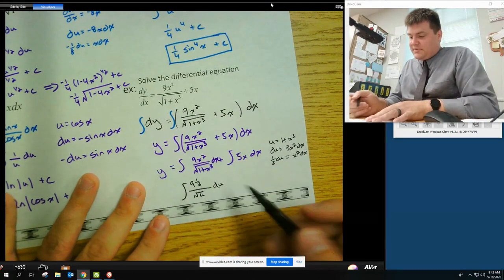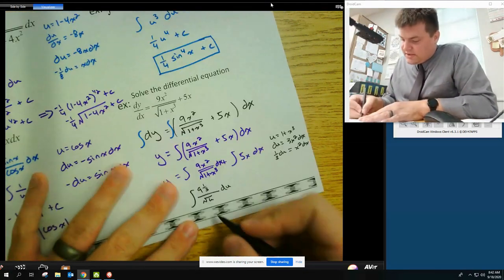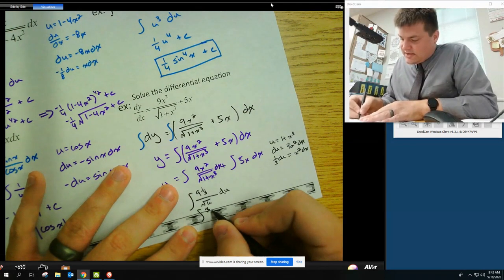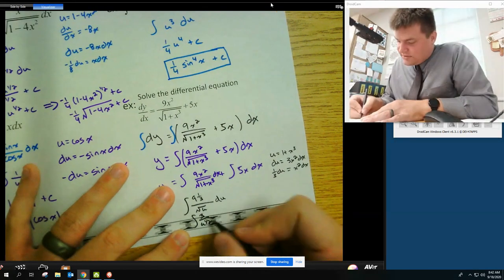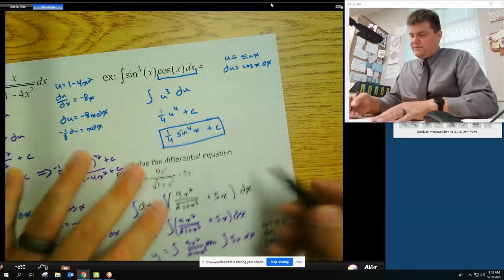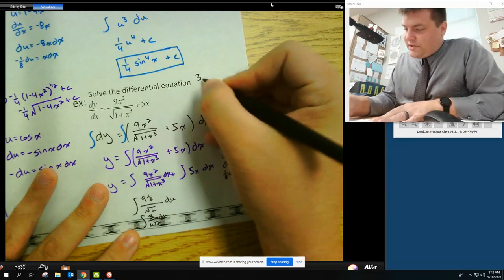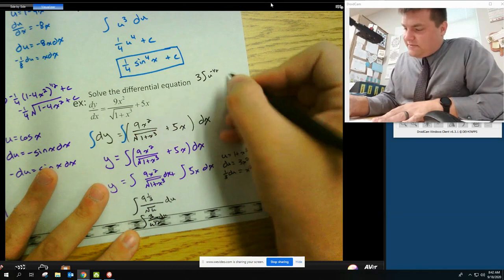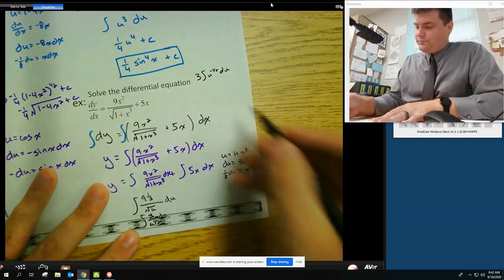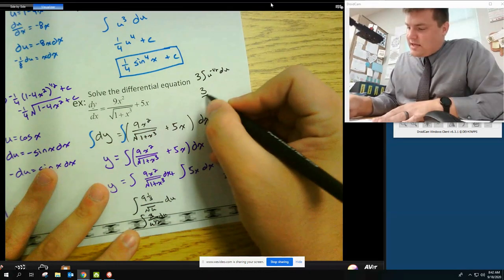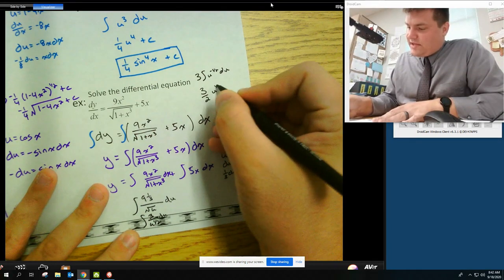So I'm going to end up getting 3. If I rewrite this, I'm going to end up getting 3 over u to the 1/2. I know that's kind of hard to read, so let me finish it up here. So I'm going to get 3 u to the negative 1/2 du, which is going to give me 3 halves u to the 1/2.